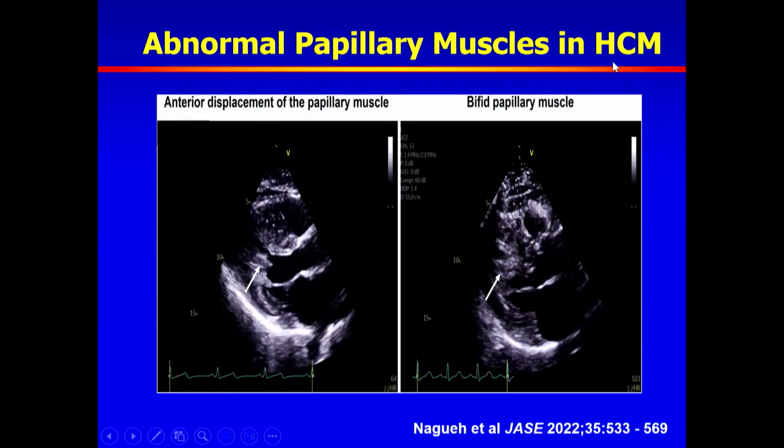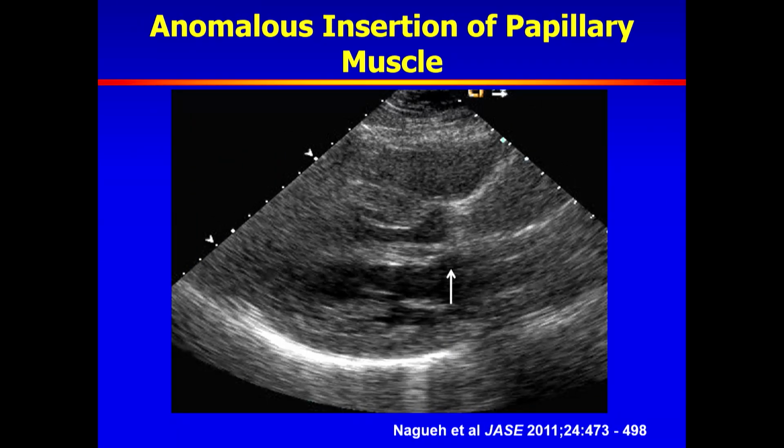Patients with hypertrophic cardiomyopathy can have abnormal papillary muscles. This is an example of an anterior displacement of the papillary muscle that I showed you a cartoon of. This is a real case. And then you see a bifid papillary muscle that also can contribute to the presence of obstruction. That's a parasternal long axis view showing direct insertion of the papillary muscle into the anterior leaflet, almost no chordae.